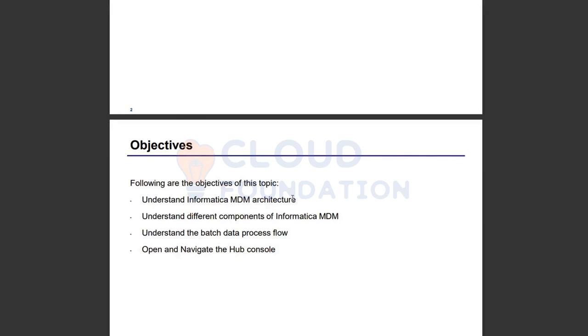Domains can be customer domain, product domain, reference domain, supplier domain, or your vendor. All these are domains for which Informatica gives you a little bit of configuration itself. These are the four domains for which Informatica gives you predefined configurations.